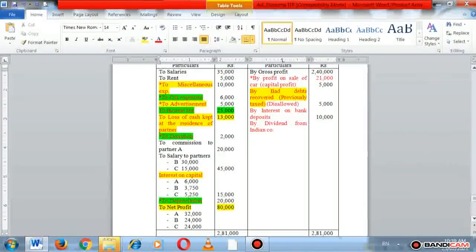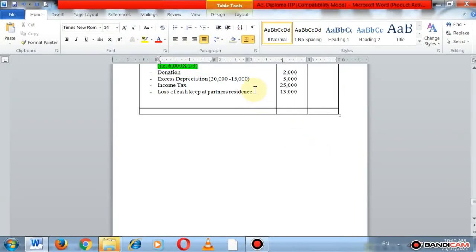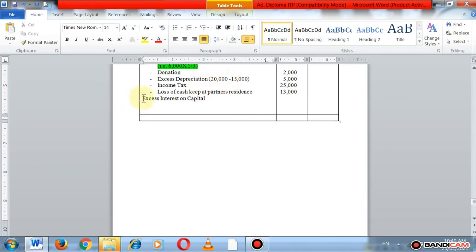Interest on capital of A, B, C amounts to 6,000, 3,750 and 5,250. So here we add the excess interest on capital.